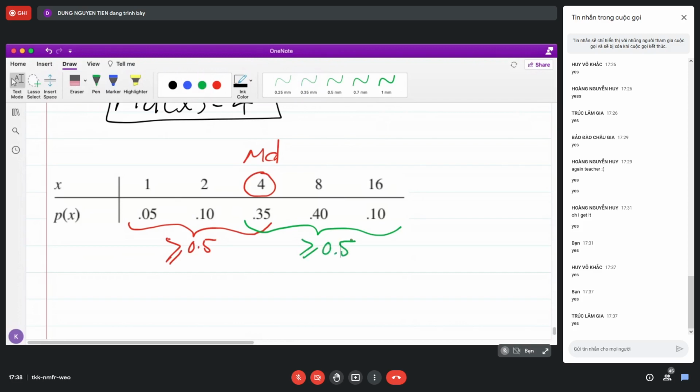Then this point is called the median of the distribution, or let's say the median of the random variable X. That makes sense?